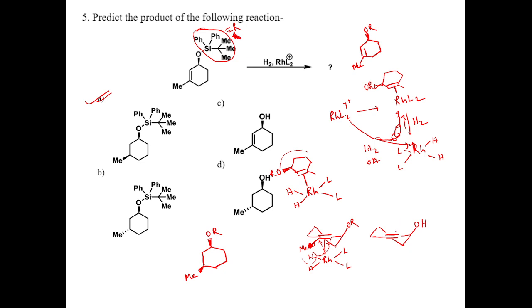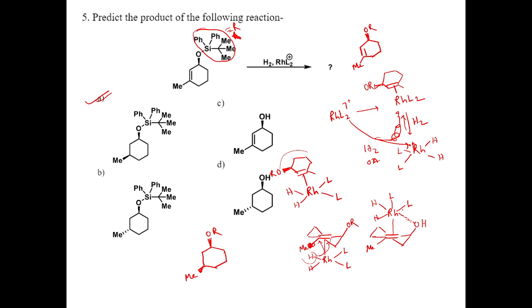Same thing would happen, but RH would bind from the upward direction, because in that case it could make some non-conjugative interaction with the OH.